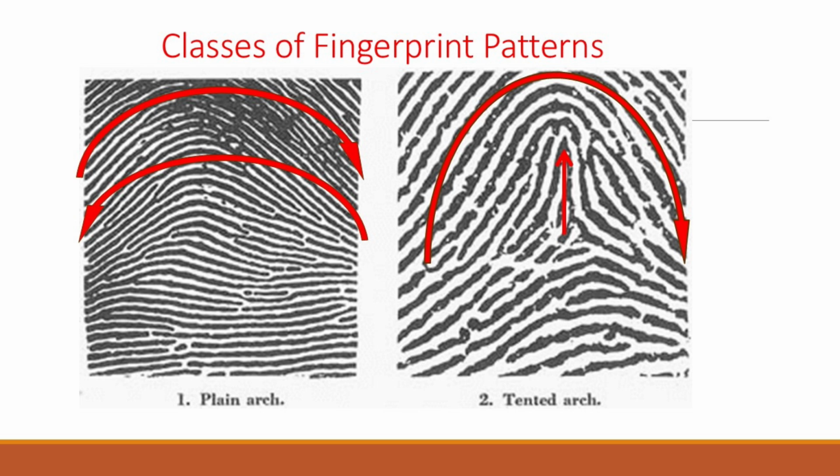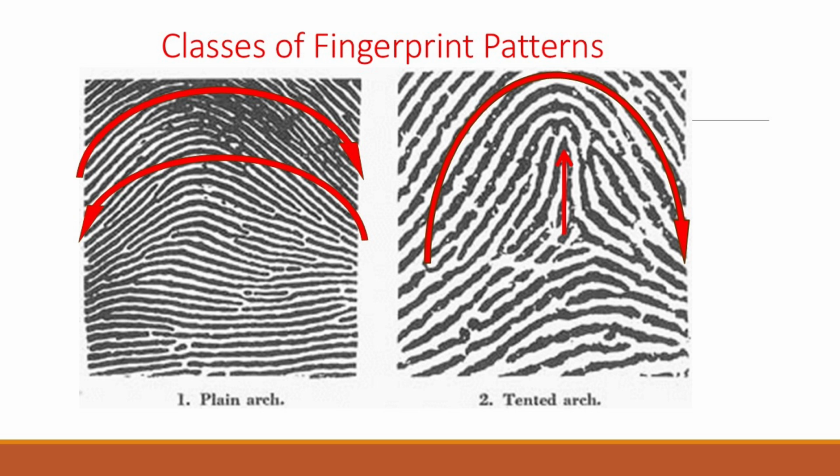Then we have tented arch, and that one moves the same way from one side. Either you take the lines from the right or from the left, they move from one side and, getting to the center, it has an up thrust like a tent, and that is why we derive the word tented. So there's a sharp up thrust at the middle, which makes it rise up more than the plain arch.